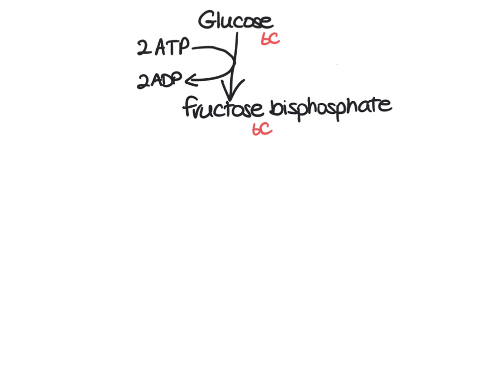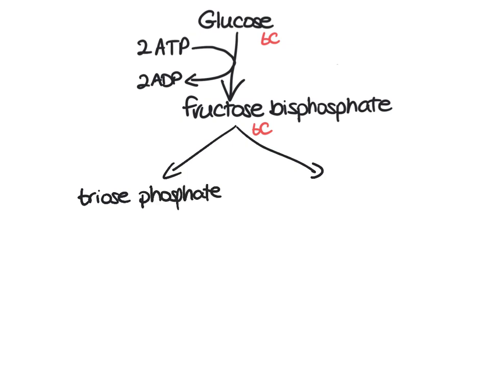That splits into, whoops. So we had a C6H12O6 and 2 phosphates. Now, I don't know exactly what the formula is, but basically that's what it is. You've got the same carbons, hydrogen, oxygen, just added in 2 phosphates. That splits in half, so you get a 3-carbon compound, and each one of them has 1 of the phosphates. So that's all that's happening there.